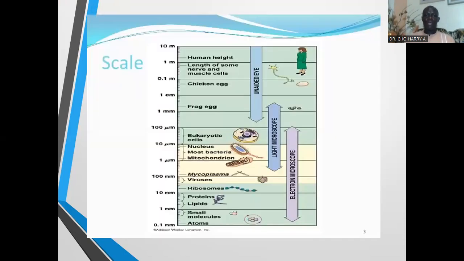I want to now compare the light microscope with the electron microscope. With unaided eyes, one should be able to see the human height, the length of some nerve and muscle cells, the chicken egg, the frog egg. With the light microscope, it is possible to view eukaryotic cells, the nucleus of the eukaryotic cells, the bacteria, and mitochondria.